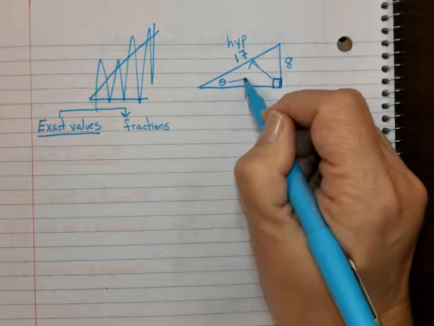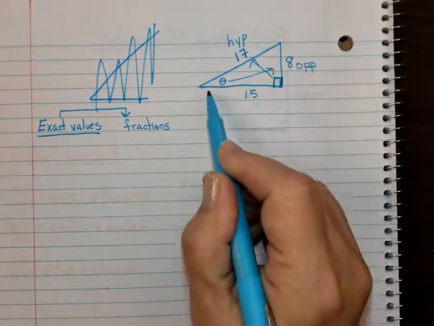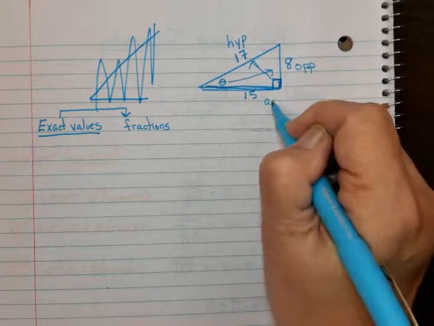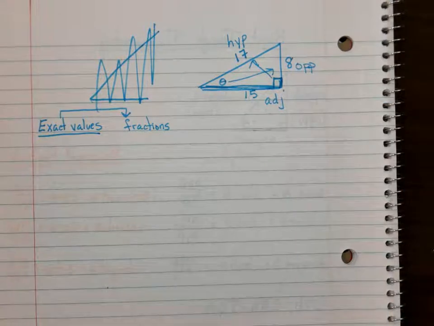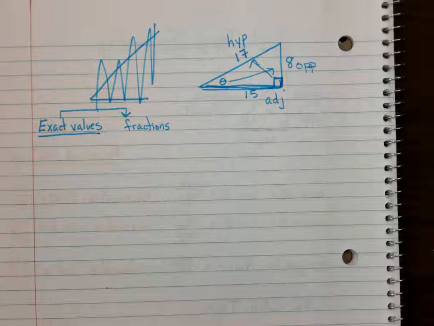So across from theta is opposite, and next to theta here is adjacent. And you will work with these to the point where you don't have to label them anymore. And some of you may be grounded in this enough already that you don't feel you have to label every single time. But as we're starting this out, that's my suggestion.